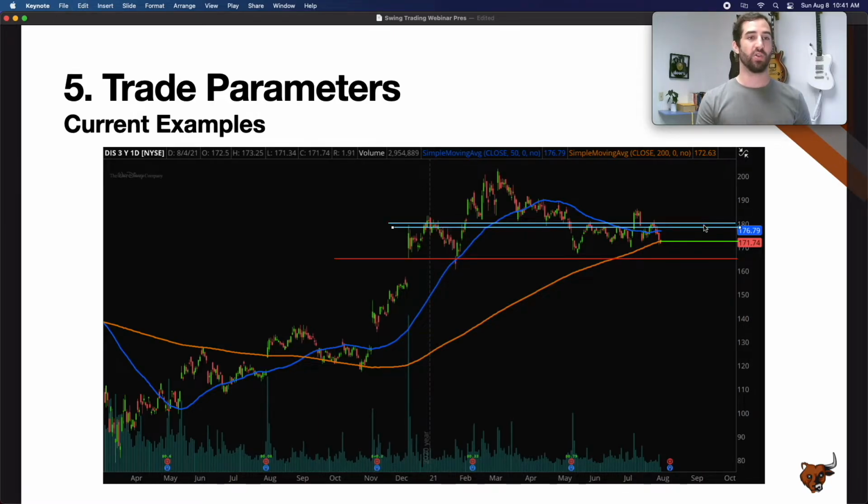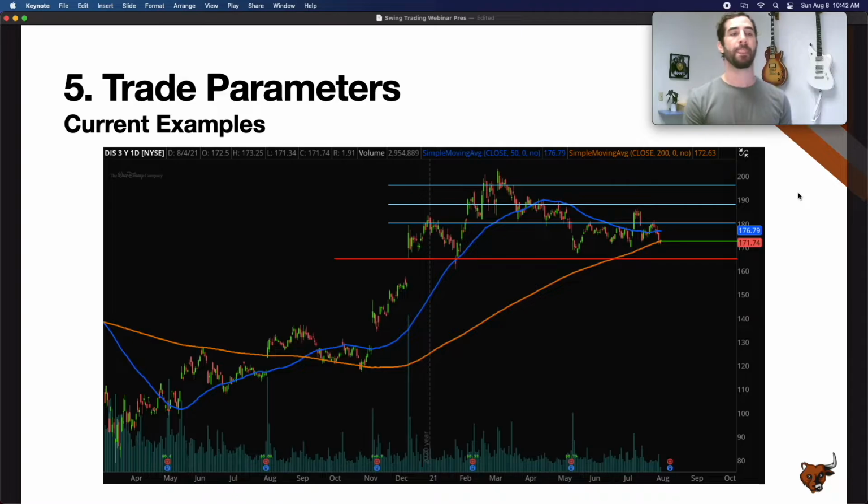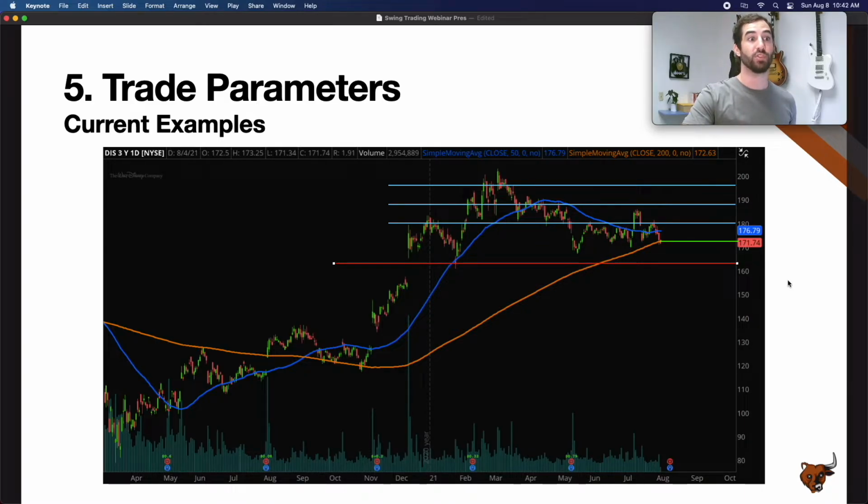I'm going to put a second profit target, let's say around this level, and then a third profit target, potentially, around this level. Let's do a little bit of math right now. I'm buying potentially in this setup around 171. To my downside, let's say I have right now 165, but let's say I'm super conservative.